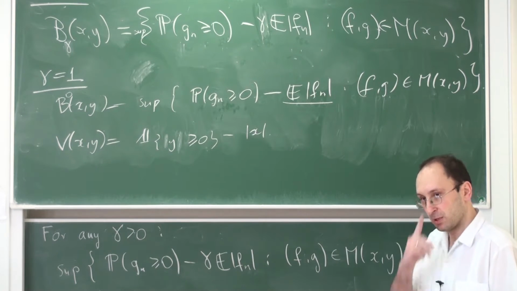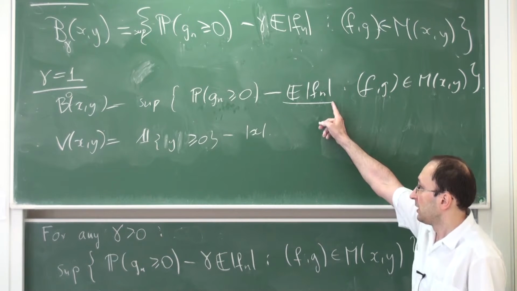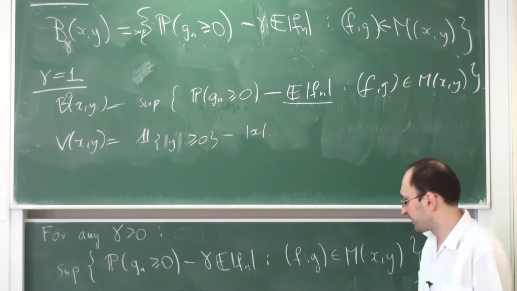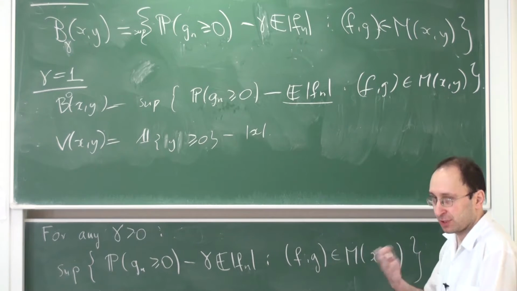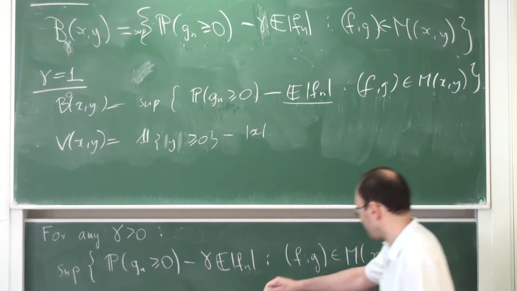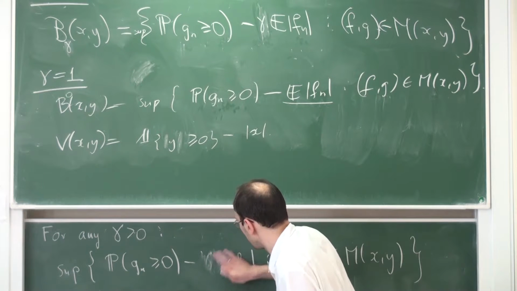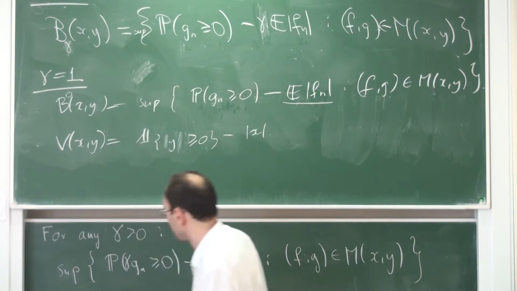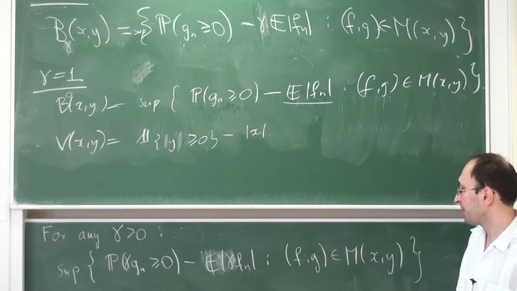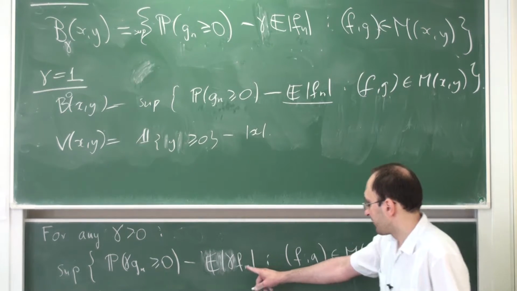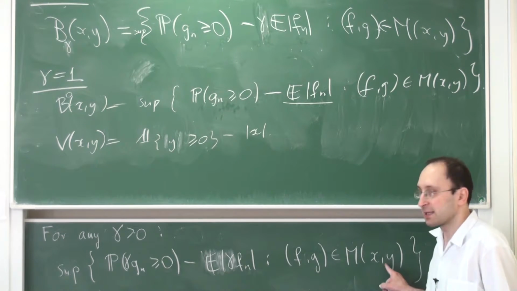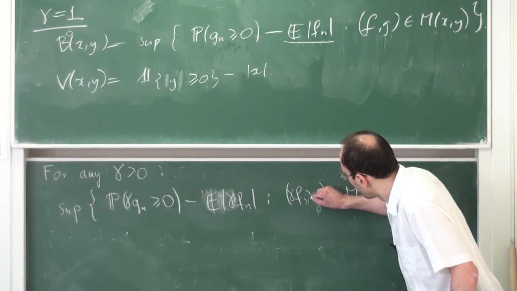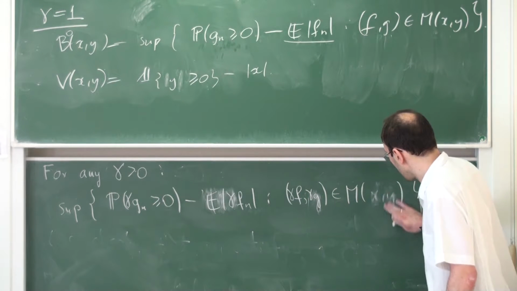So we write this formula for this modified Bellman function with this parameter. Well, some standard arguments. We change it slightly and write it this way. We can, of course, multiply by this gamma here, and if the pair Fg belongs to mxy, then the scaled pair belongs to the scaled class.